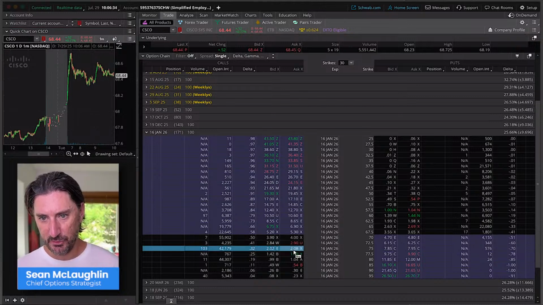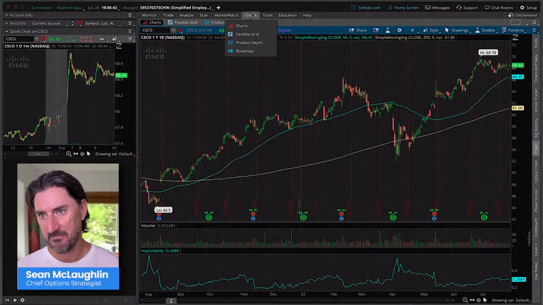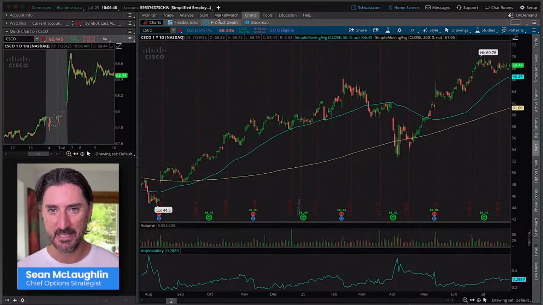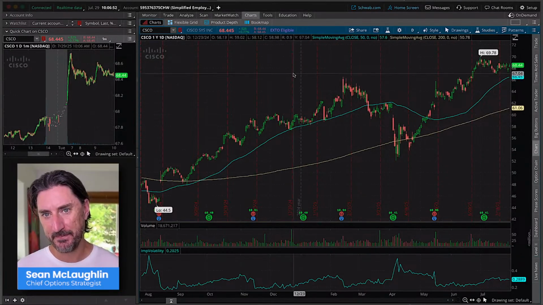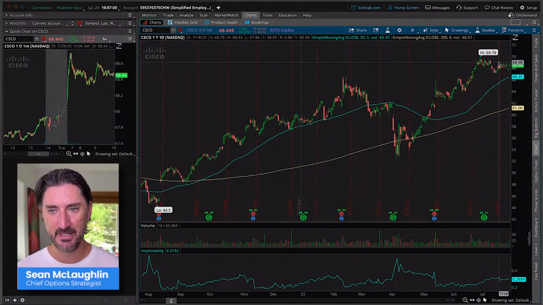You pay about $2.05, $2.06 for the 75 calls, and that gets you positioned for 6 months. If this thing breaks out, it could easily blow up to 80, I would think, and those calls would pay. So Jackson, I don't know what your exact trade is, but I do like this setup. Getting above 69, I think I would get interested.